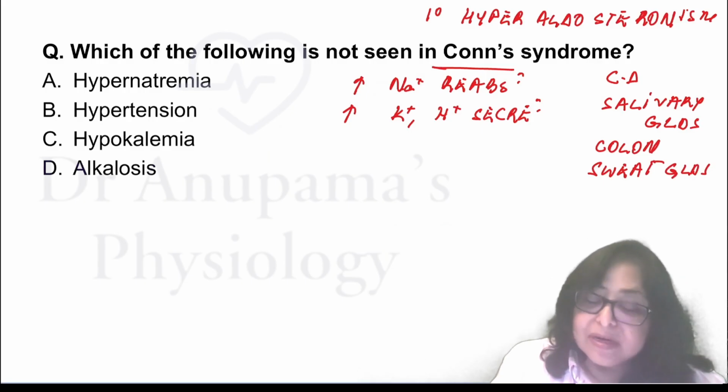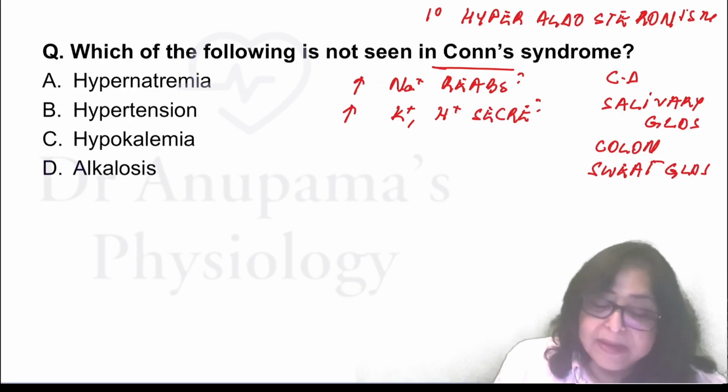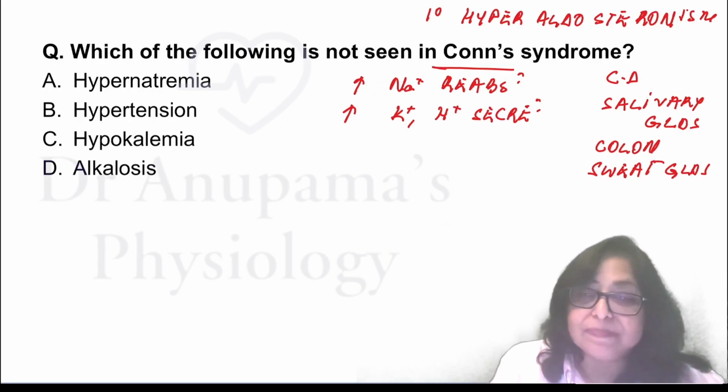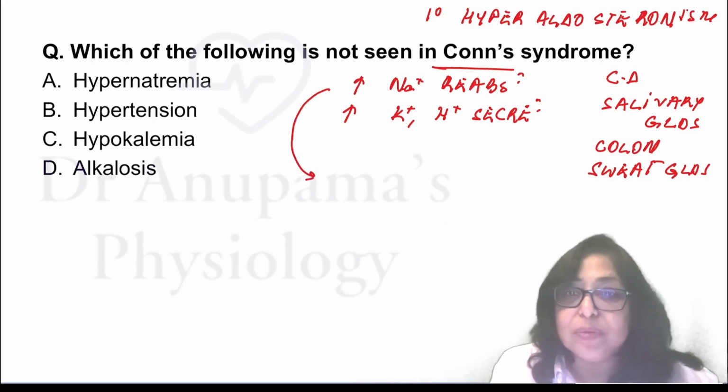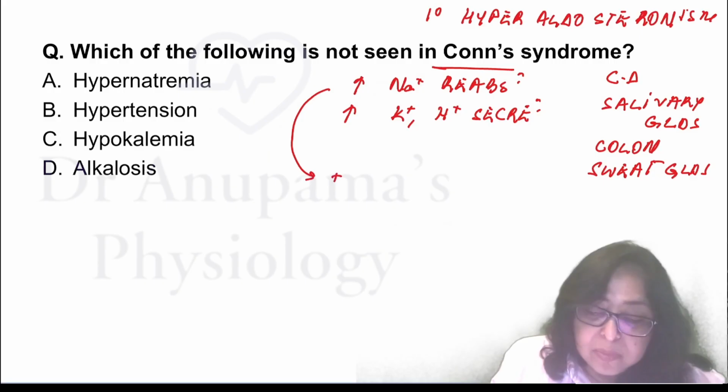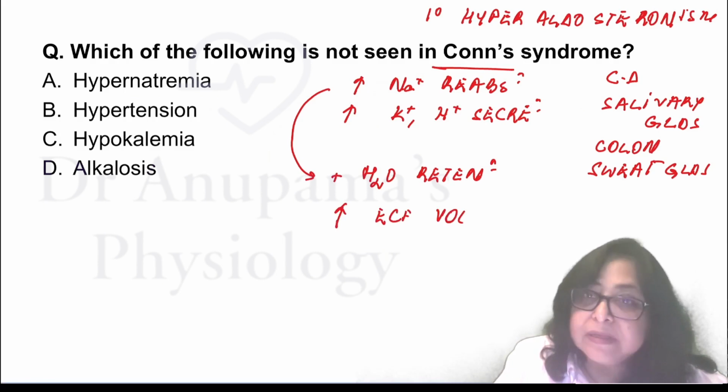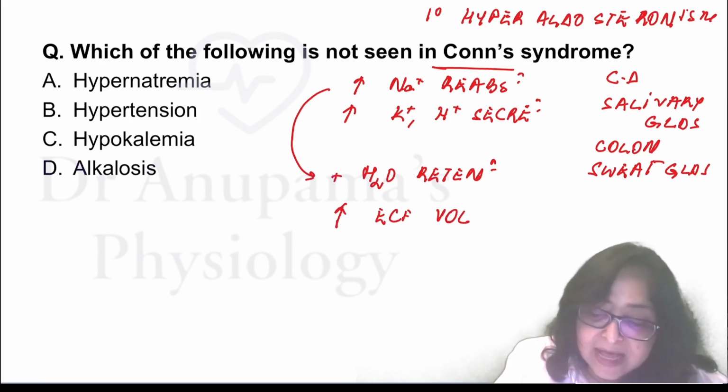So if there is a hyperaldosteronism, we expect an increase in sodium reabsorption. This will cause the plasma sodium levels to increase. But along with increased sodium reabsorption, there will also be a water retention. This increases the ECF volume, resulting in hypertension.